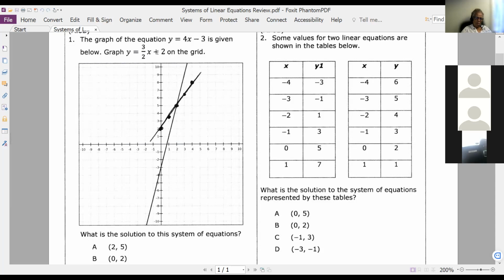I said 2, because you said 3 over 2, right? So I went in between them, went up, I went as far. And this other one, I can't remember how to do that, but I did them. And number 3, I don't know if I did 3, but I get B for number 3.